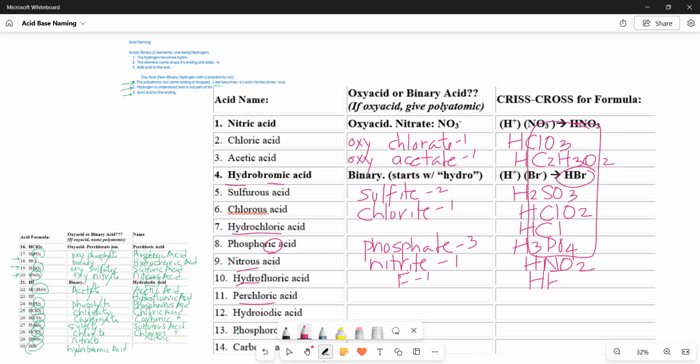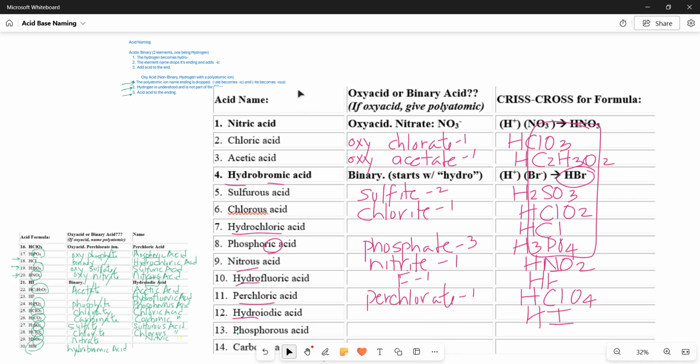Perchloric means that we're going to talk about perchlorate, which is a poly with a -1 charge, so we're going to have one hydrogen with ClO4. Hydroiodic. Hydro means this is binary, so we're going to have a hydrogen paired with iodine, and iodine has a -1 charge, and so it's 1 to 1.